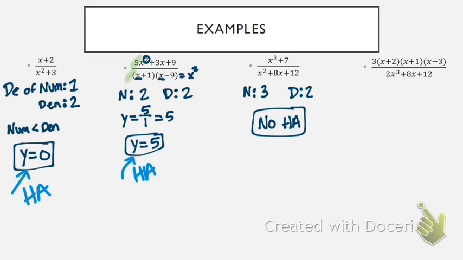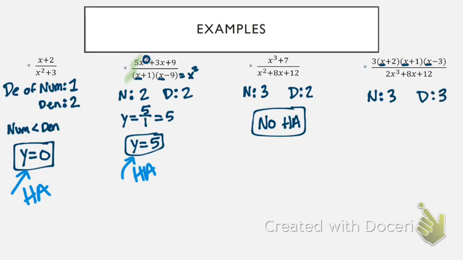So our last one, we have x, x, x. The degree of the numerator is 3, because we don't actually have to distribute, but we'll kind of fake distribute. And if we did distribute, we would get x to the third. So the degree of the numerator is 3. The degree of the denominator is also 3.